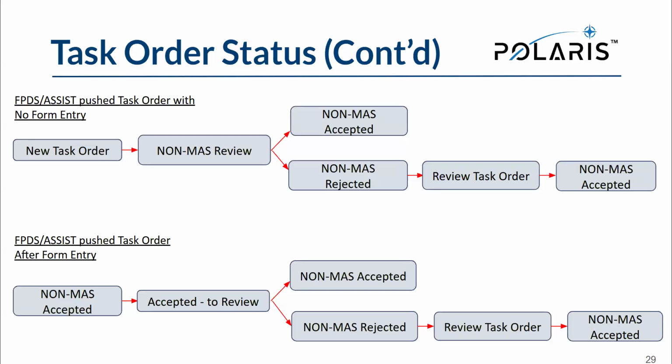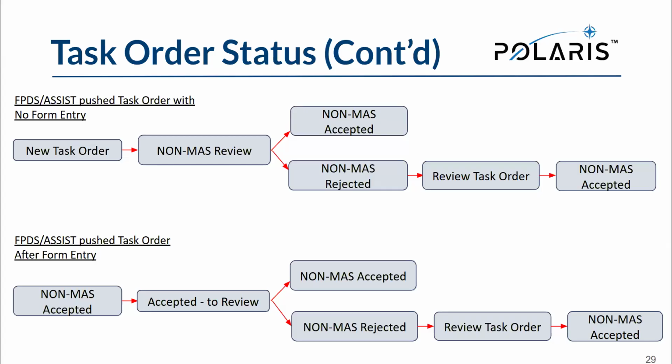However, when the FPDS data push occurs at a later time, the status of your task order will change to an accepted to review status. This status lets you know that task order data is being reviewed by the program office. Afterwards, the task order could return to a non-mass accepted or non-mass rejected status, depending on whether existing task order details match FPDS or Assist data.